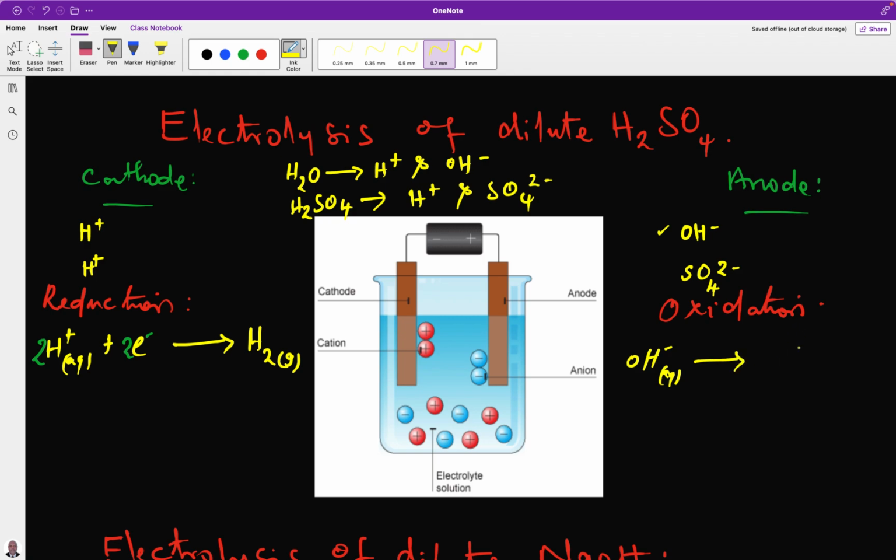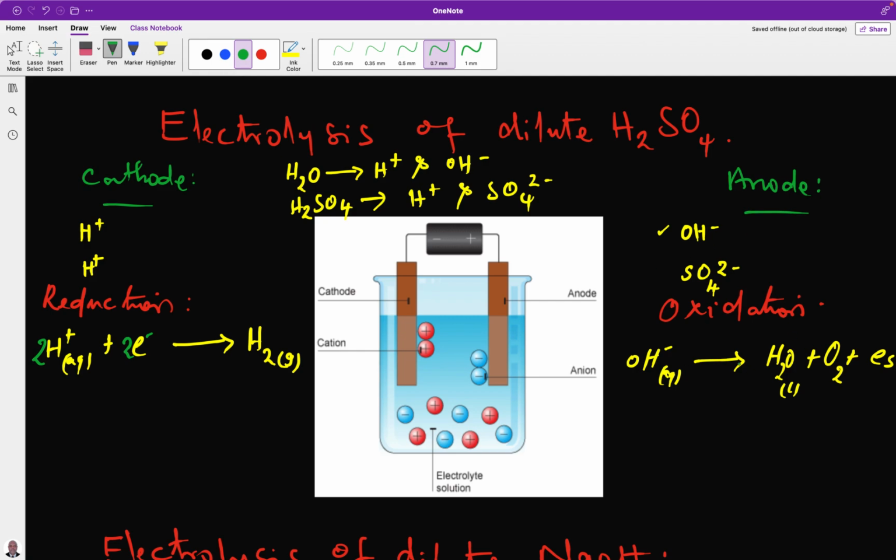We lost electron to form water. To form water, oxygen is released, plus electrons. We don't know the number of electrons. Let's see how we can balance it.